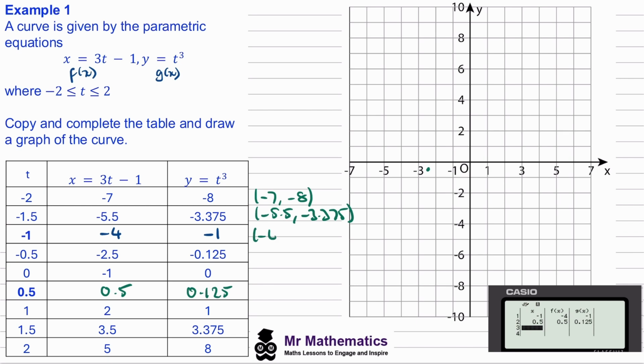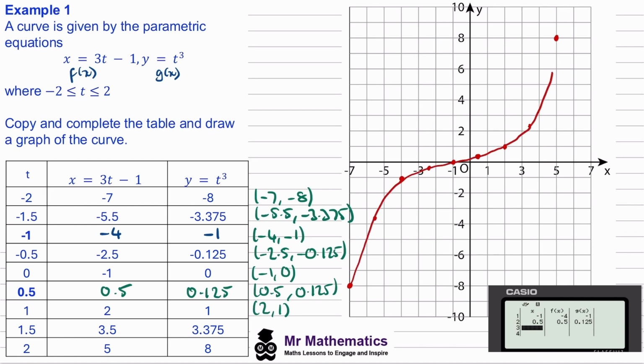Then we'll have -4, -1, and we'll carry on with each of these. We'll plot each of these coordinate pairs, and we can sketch a graph by joining them together. And that's the sketch of these parametric equations, okay?